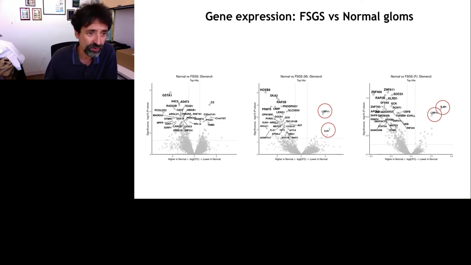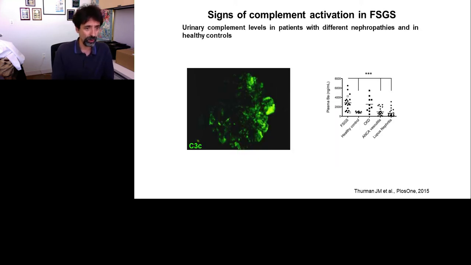If you look at the volcano plot on the left, putting together both biopsies, you can see that the most highly significantly upregulated gene in the FSGS patient was C3, and we were pleased to see C3 because it's one of the complement components, and we have been interested in studying complement in this condition, and indeed it's not uncommon to see complement deposits in FSGS, nor in the plasma of patients with FSGS.